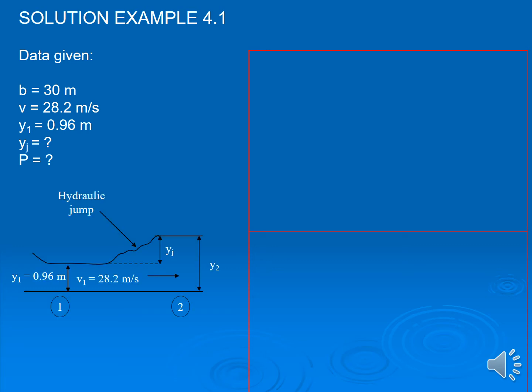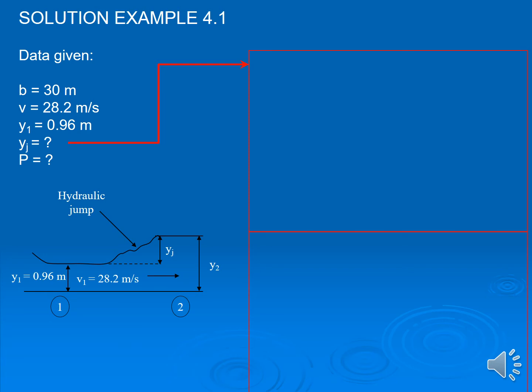So this is the sketch for this problem, where we have Y1, the depth before the hydraulic jump, as 0.96 and the depth after the hydraulic jump as Y2. This is the height of the hydraulic jump, and the velocity at point 1 is given as 28.2 meters per second.